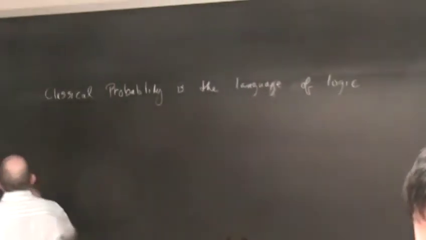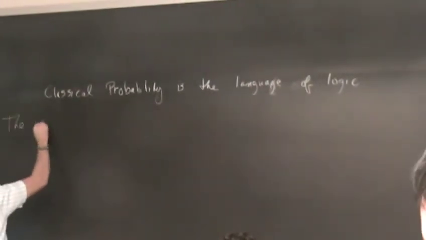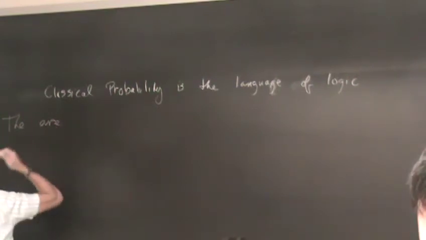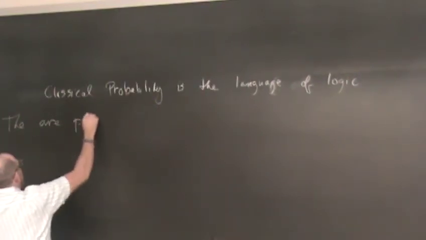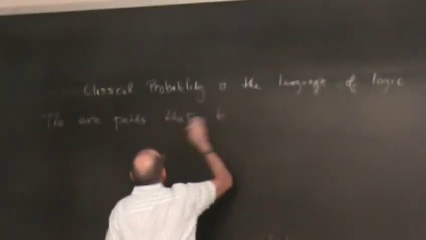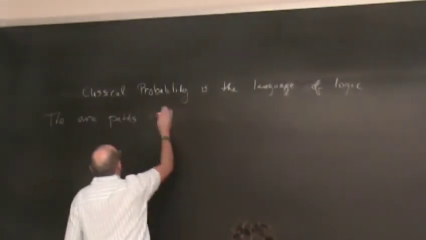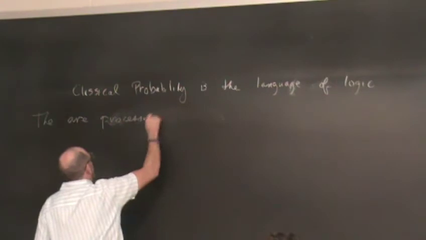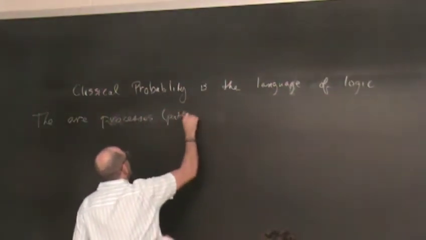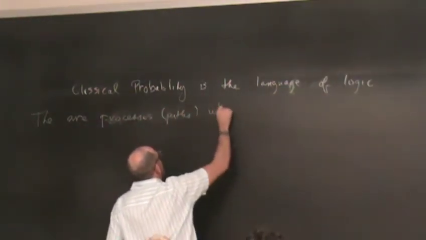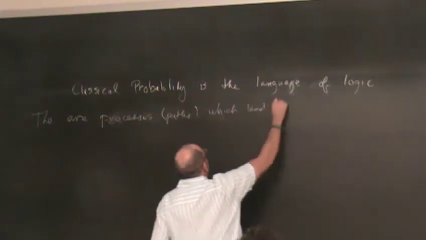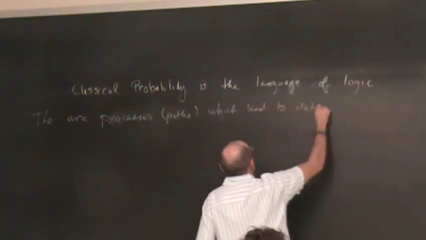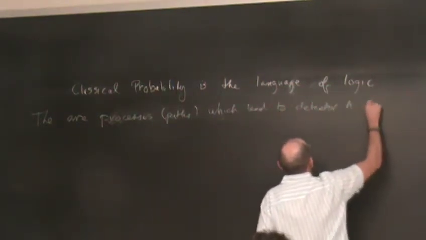Well, there are two processes, let's just call them generally processes, in this case paths, which lead to detector A clicking.